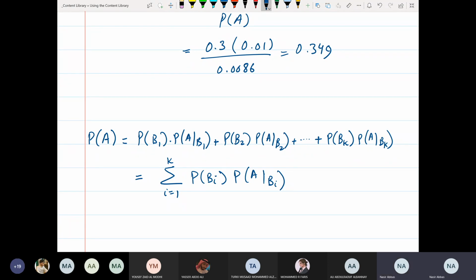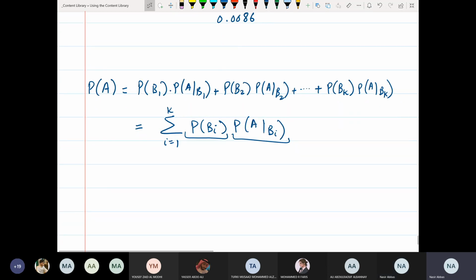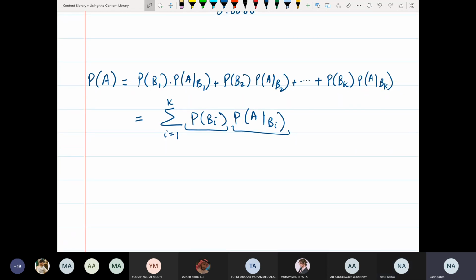This is called the theorem of total probability, where you are trying to find the total probability, like CGPA. The weight of the credit, this is the credit of every course multiplied by the GPA of every course. Add it together.